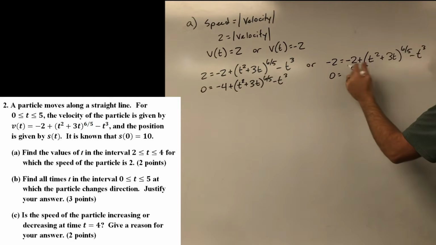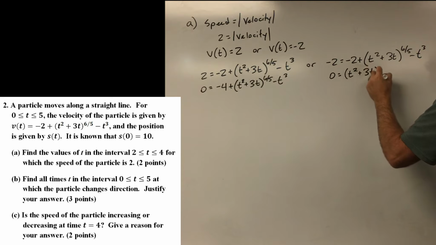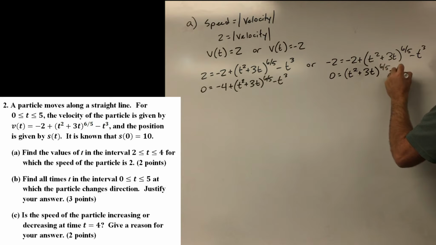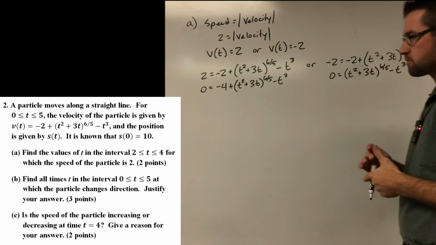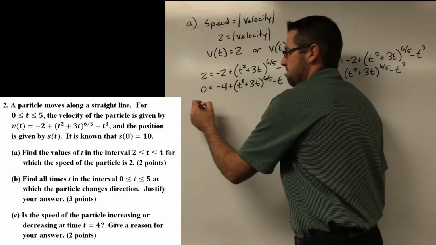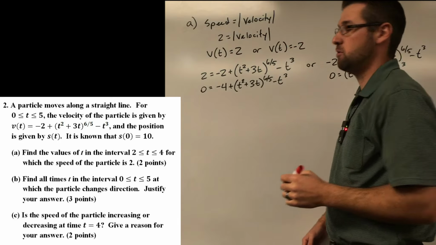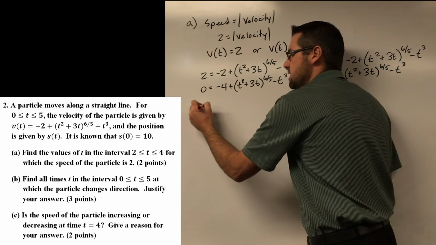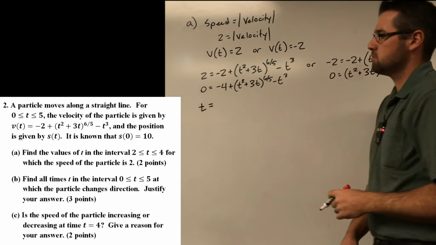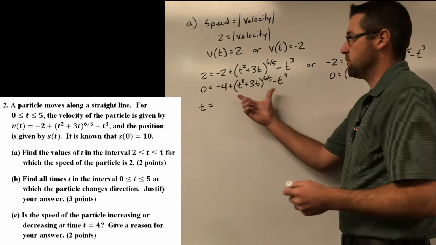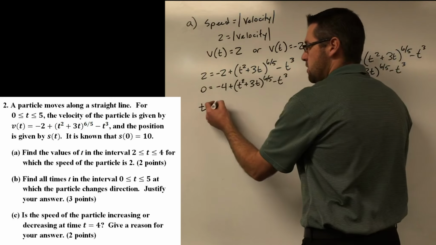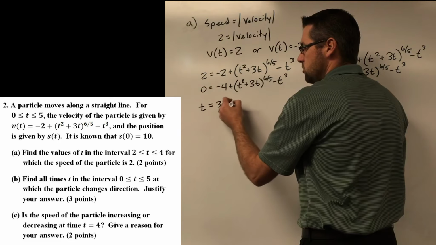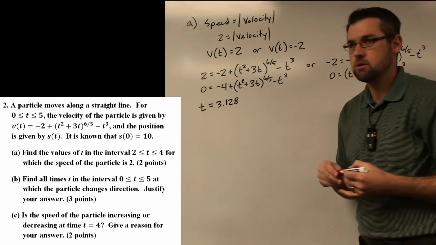So it would be 0 equals just t squared plus 3t to the 6/5 minus t cubed. Yeah, make sure you're looking at the interval between 2 and 4. So for this equation, you get t equals what? That's for this one? Yeah. 3 point what? 128. Is there any other values?